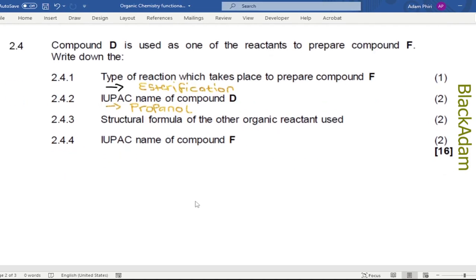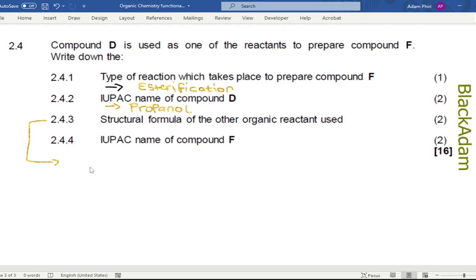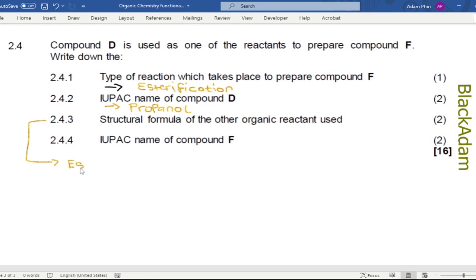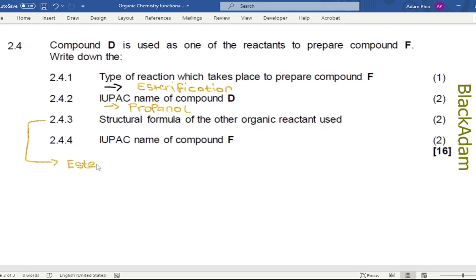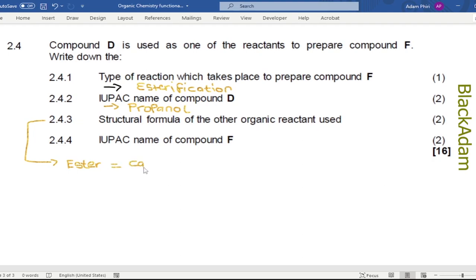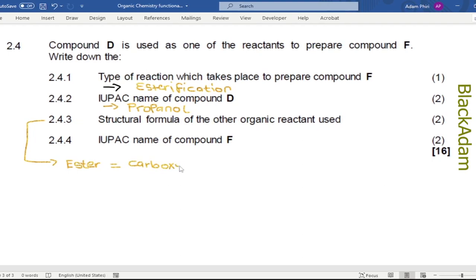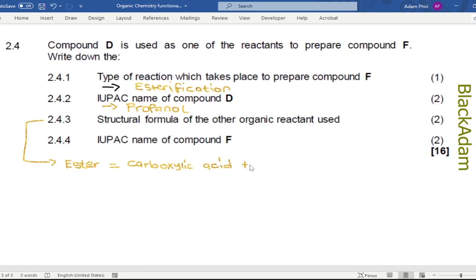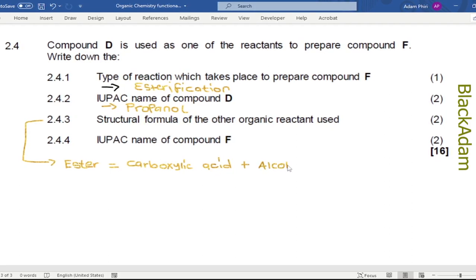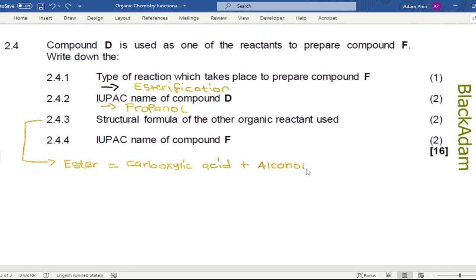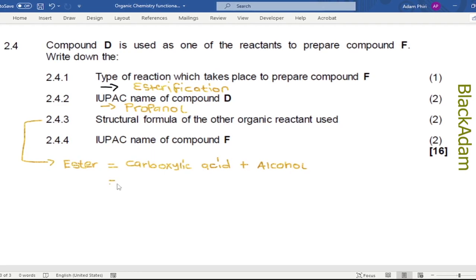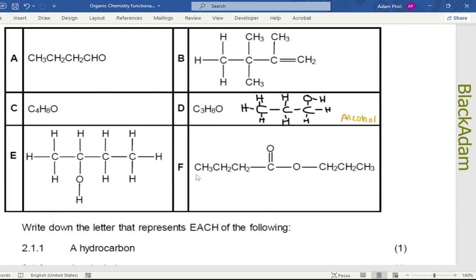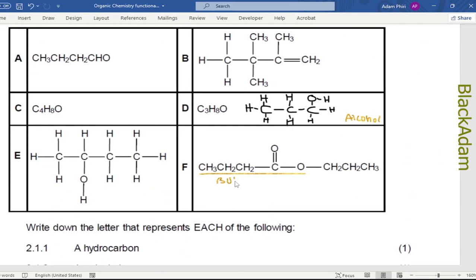So that's propanol, and then coming to the structure, we know that it's an ester, so it's going to be carboxylic acid and alcohol. So we need to find the structure for the carboxylic acid and the alcohol.